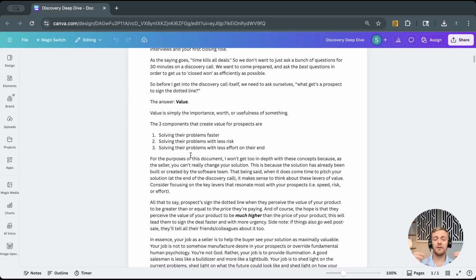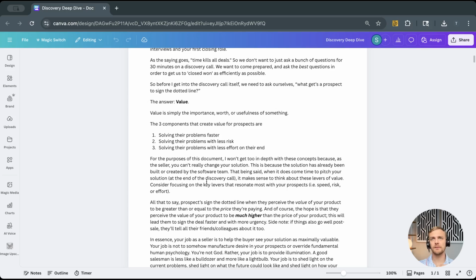This would get way too long if I spent a ton of time on this, but the reality is we don't really change these things, right? These are things that are inherent to the product. That being said, when it comes to actually pitching your solution, which is at the end of the discovery call, it makes sense to think about these levers of value and focus on the levers of value that resonate most with your prospects.